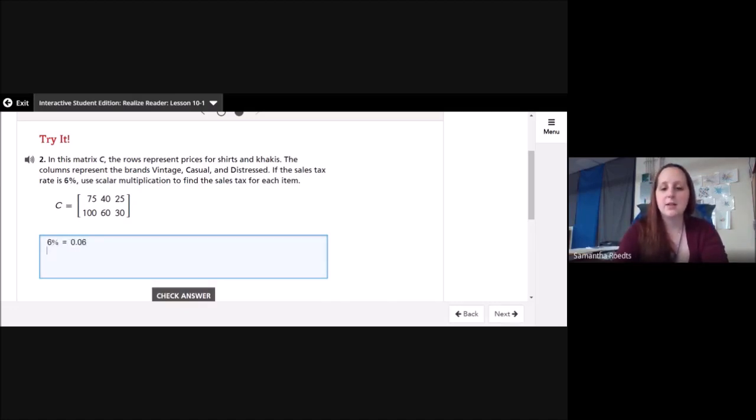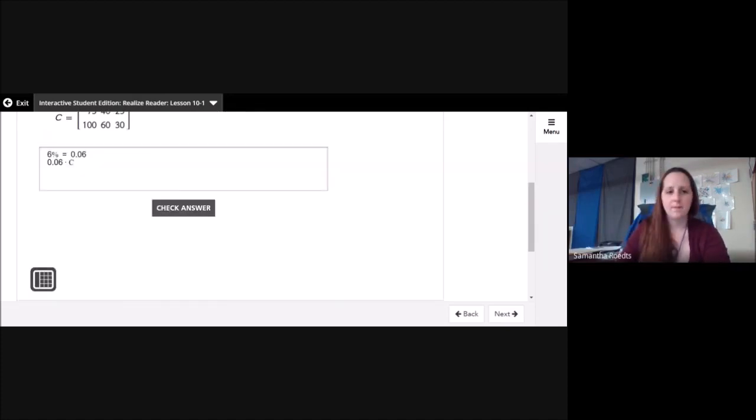I'm going to take 0.06 times C. When I do that, my first row becomes 4.50, 2.40, and 1.50. And then my second row will become 6, 3.60.